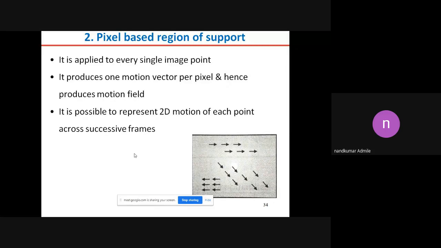If the motion is from the left side to the right side or from the top to bottom, only that part is considered. If we consider one constant background and the motion of a person is present, we can consider the pixel based region of support.